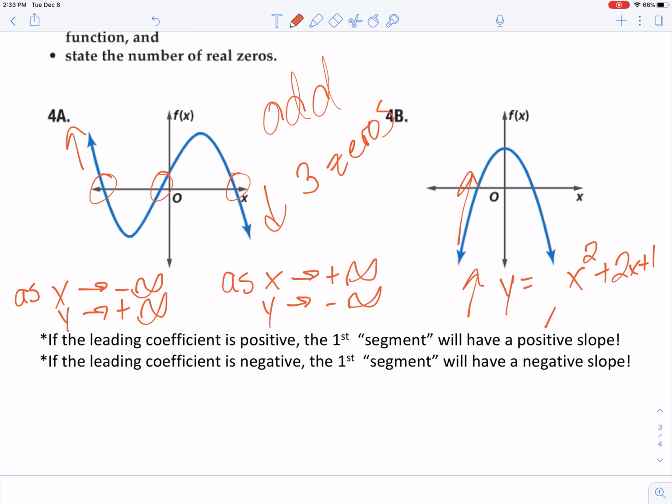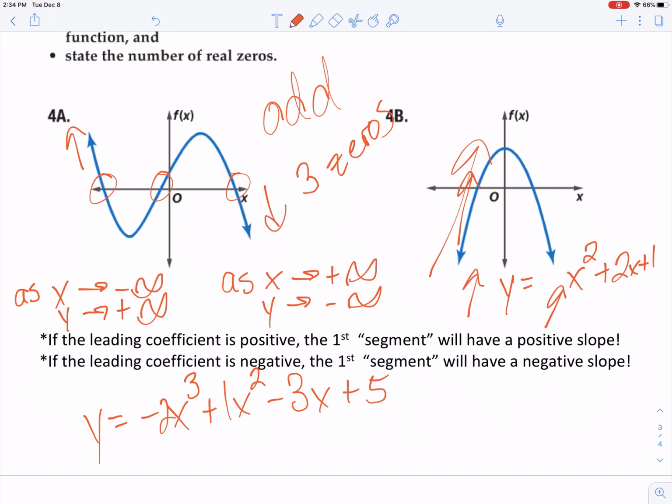Notice that it's positive here, so this first segment has a positive slope. On 4a, let's pretend just for a moment maybe the equation is negative 2x cubed plus 1x squared minus 3x plus 5, making something up. Notice that this first part is negative, so that means this first part kind of has a negative slope. Remember, you always read slope as the graph travels from the left to the right.